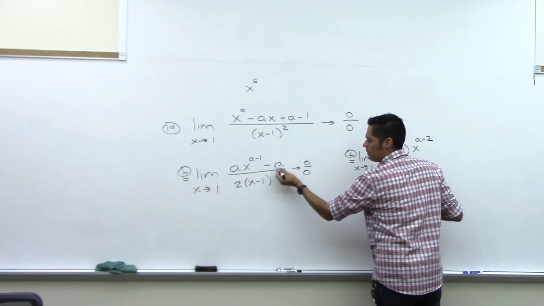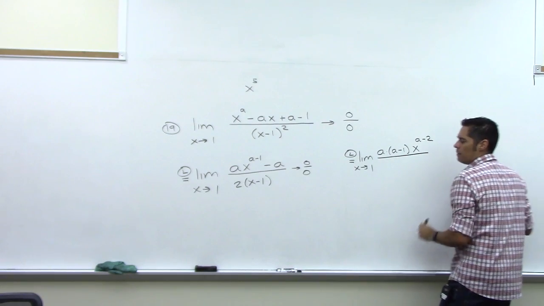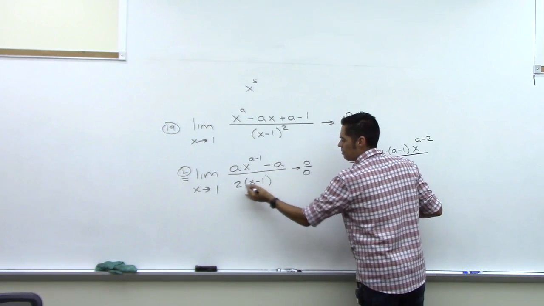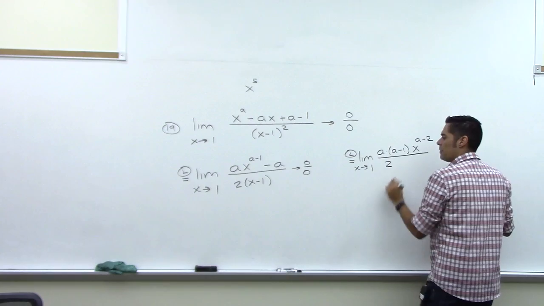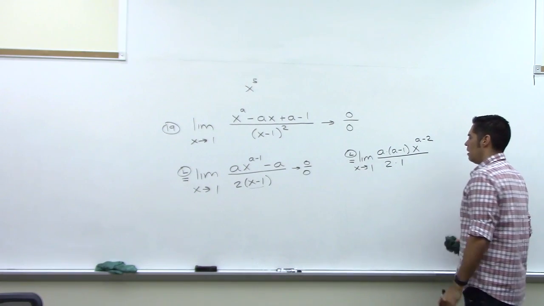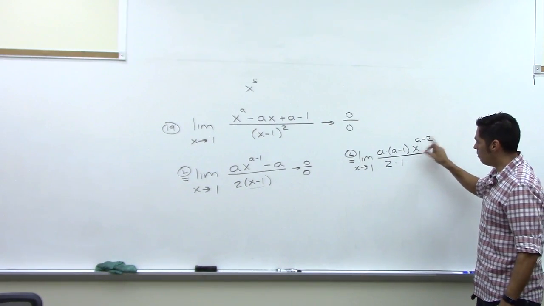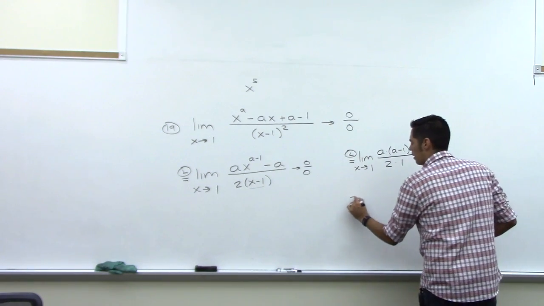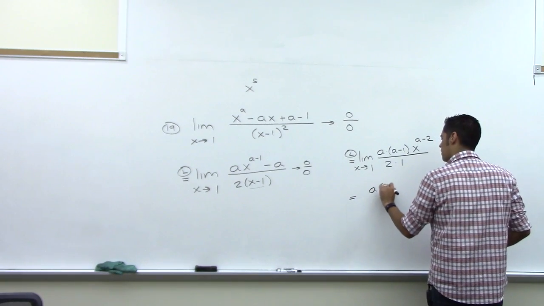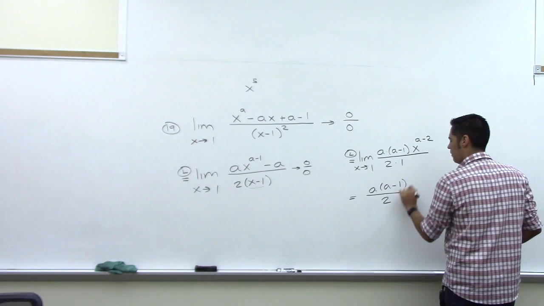And then the derivative of a constant here is 0, so just this, over the derivative of this. 2 is a constant, comes along for the ride. The derivative of x minus 1 is just 1. And now let's let x go to 1 again. 1 to any power is 1. So you're going to get a times a minus 1 all over 2.